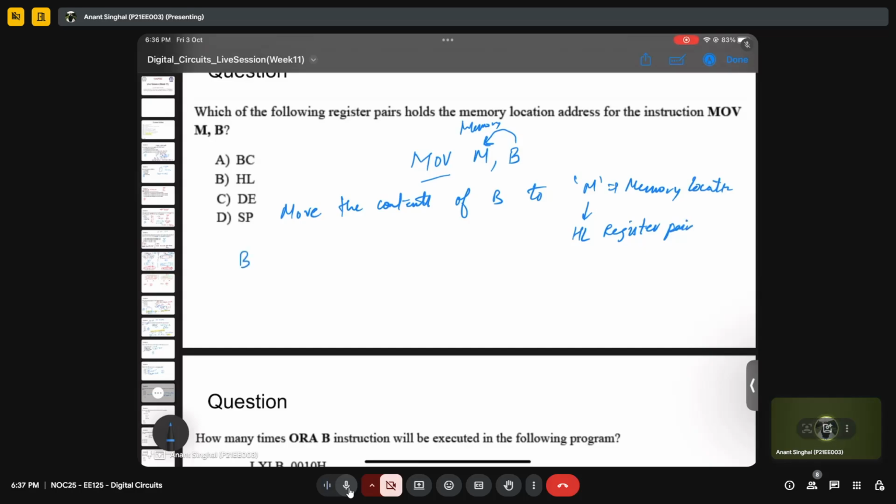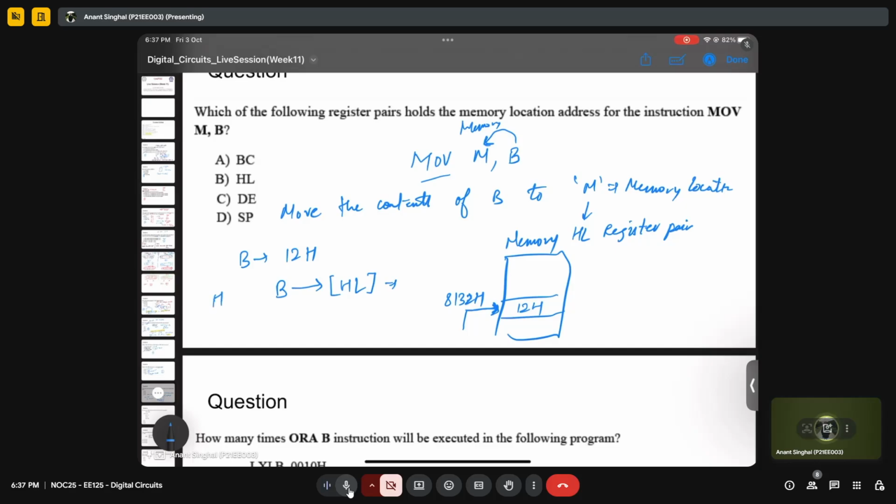Let's say B contains 12H. This instruction moves the content of B to our memory location M, which is HL. Let's say HL is some memory location, maybe 8132H. It will move the contents of B, which is 12H, to this particular memory location.